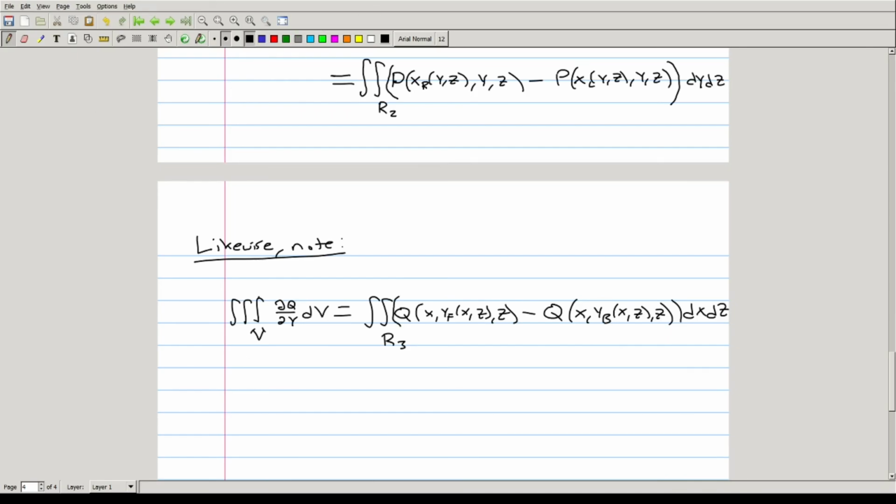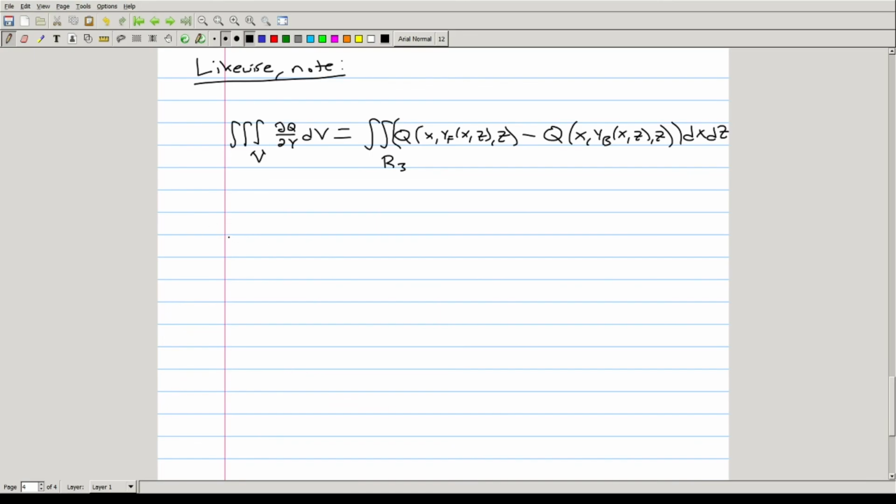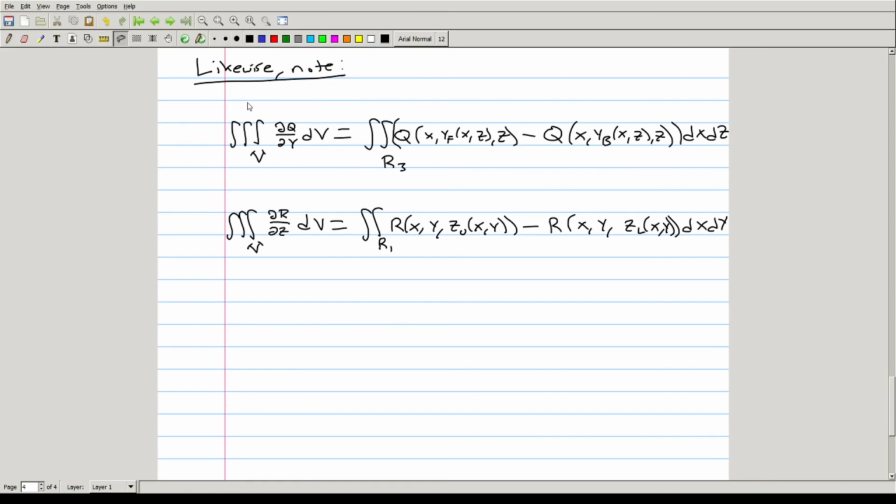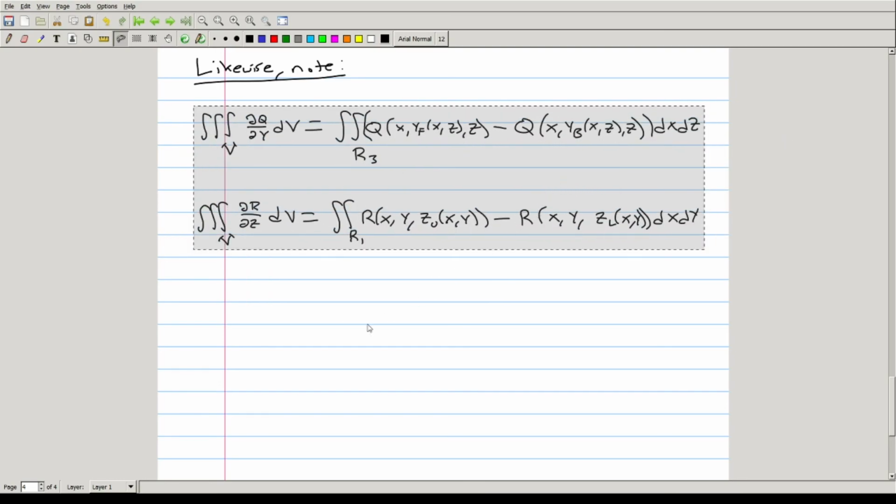So this is what we get when we do the triple integral of dQ/dy, and when we do the triple integral of dR/dz, we will also get the double integral over R1 of R of x, y, z_upper minus R of x, y, z_lower.